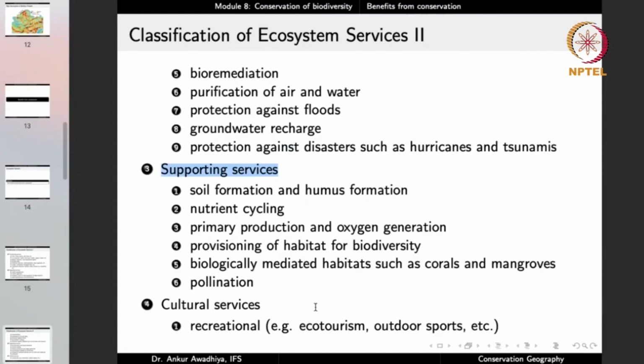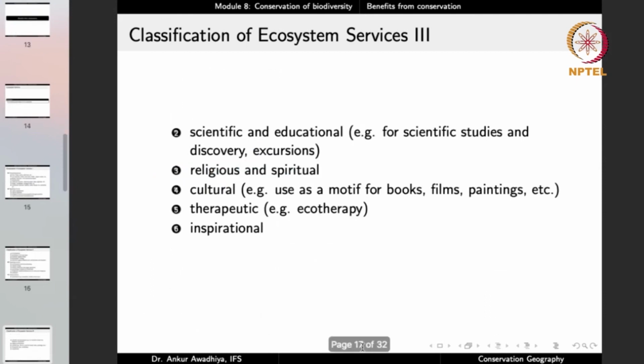Next, we also have a large number of cultural services, such as recreational services. People go out into the forest, which are ecotourism sites. They go out for outdoor sports. So these are different cultural services. Scientific and educational services. For example, well-functioning ecosystems are good areas for scientific studies, for discoveries, for excursions.